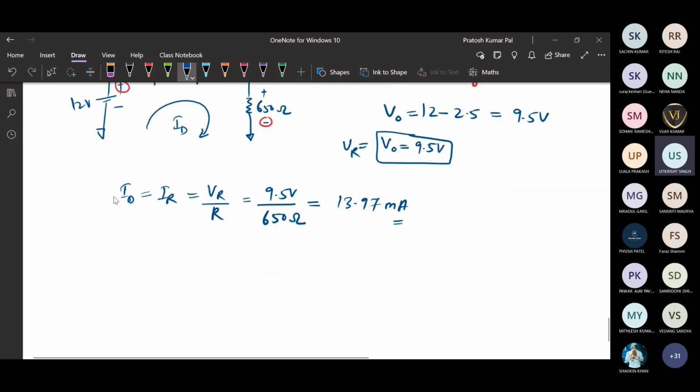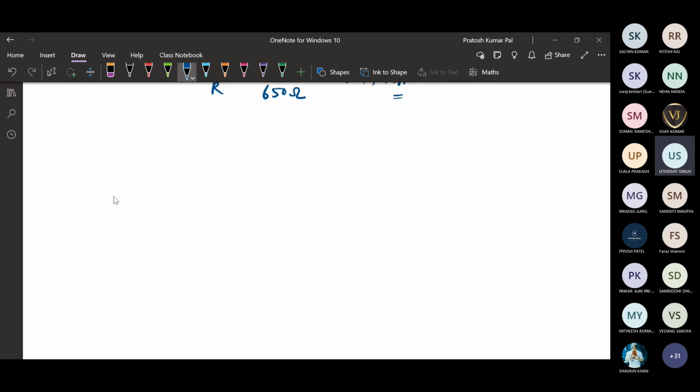Okay, so the next question we will see, that is having this concept. Suppose this is plus 20 volt. A diode is connected opposite to the first diode.